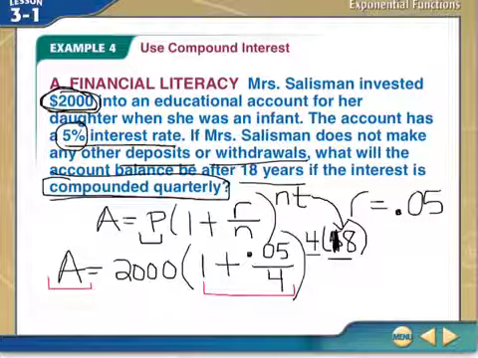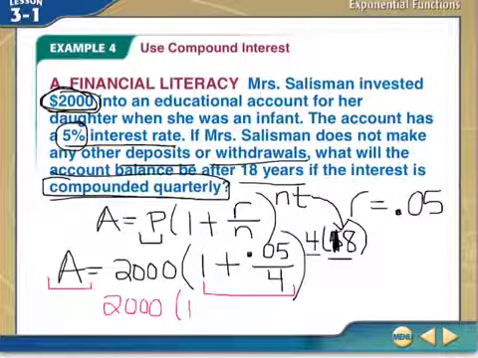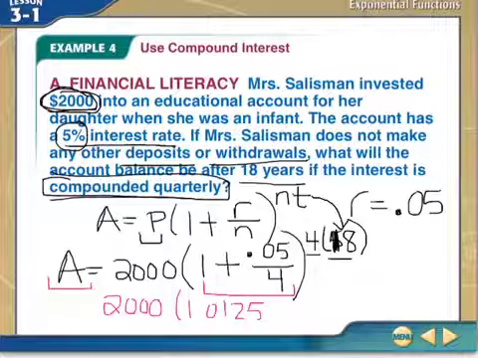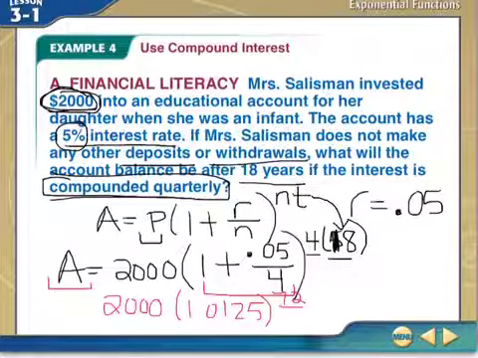If I take 1 plus 0.05 divided by 4, I divide the 0.05 by 4 first, then add 1 to it, and I get 2,000 times 1.0125. And 18 times 4, my exponent is 72. Therefore, she's paid interest 72 times over the course of the 18 years. And what I'm going to do is take the 1.0125, raise it to the 72nd power, and multiply by 2,000.